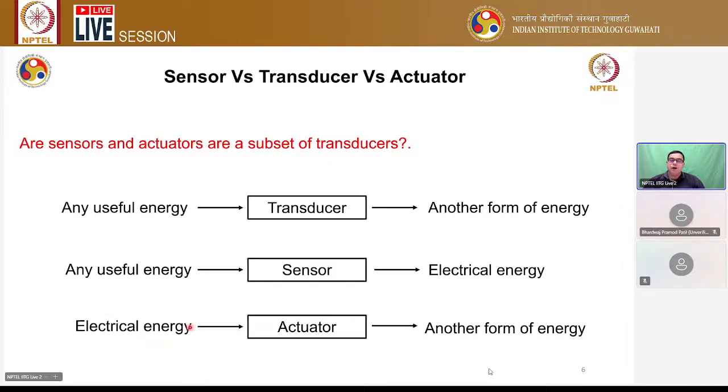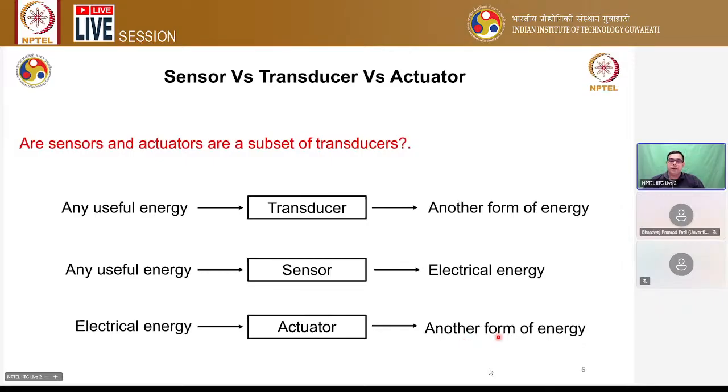You have electrical energy which is being supplied to an actuator, and it converts the electrical energy given to it to another form of energy. That other form of energy can be, say, mechanical energy, it can be simply heat energy, or it can be, for example, chemical energy.